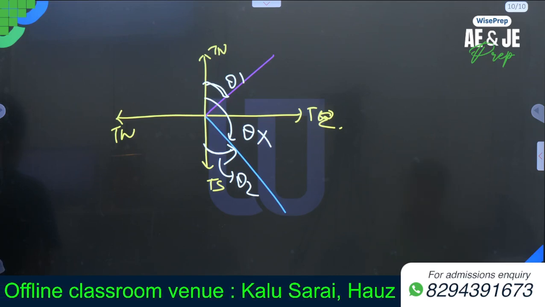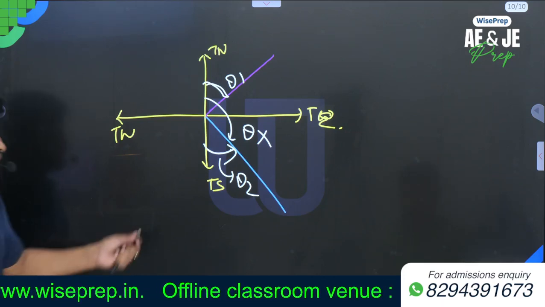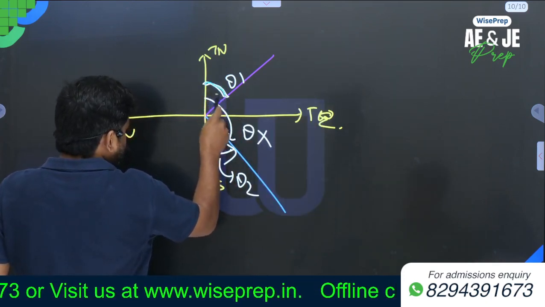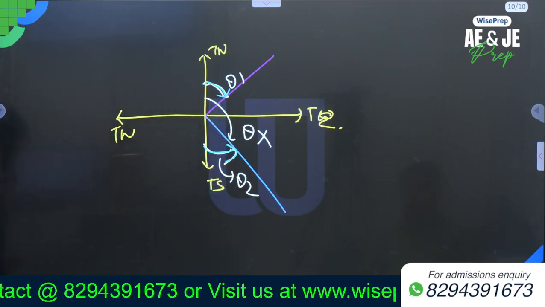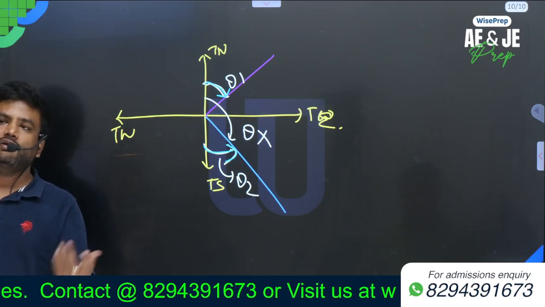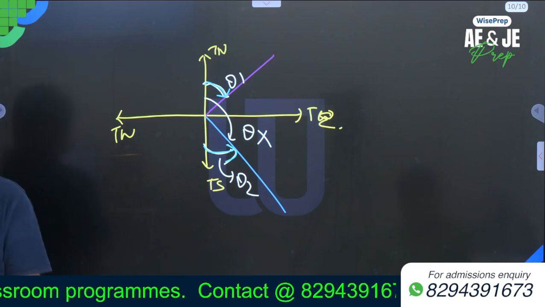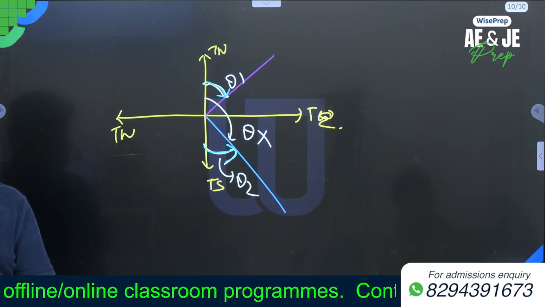Written. So it means that obviously what I am observing is that this is clockwise, this is anti-clockwise. So it can be clockwise, it can be anti-clockwise. So write down, bearing may be clockwise or anti-clockwise.